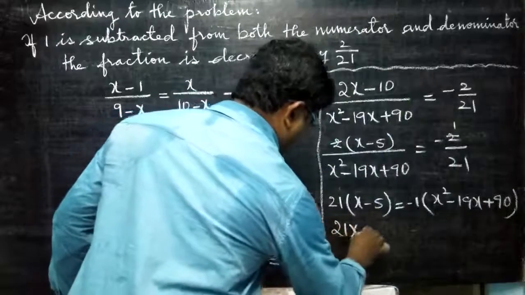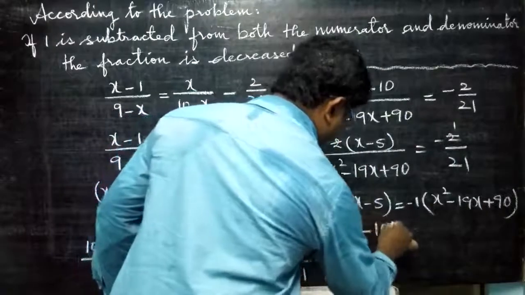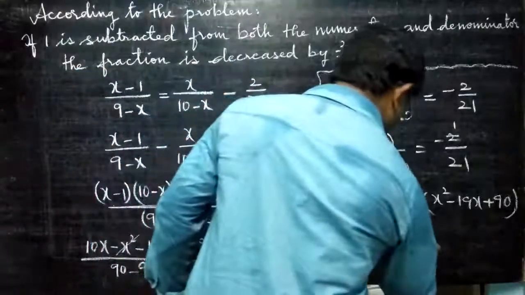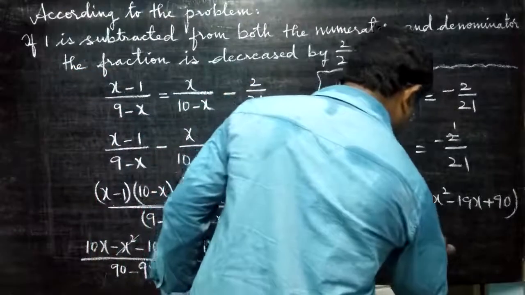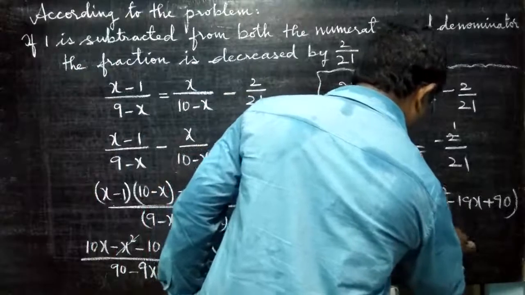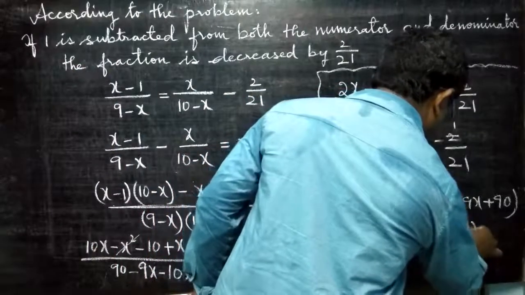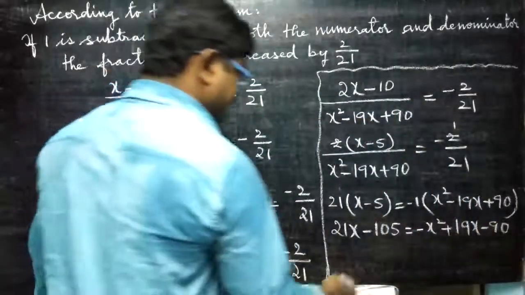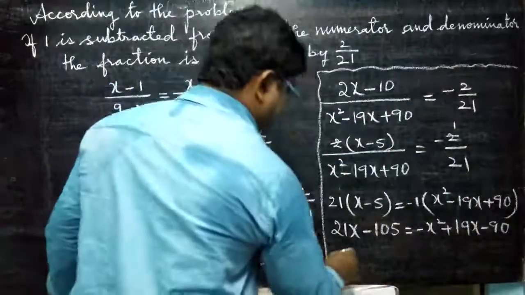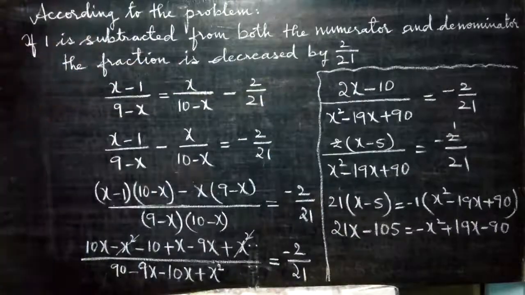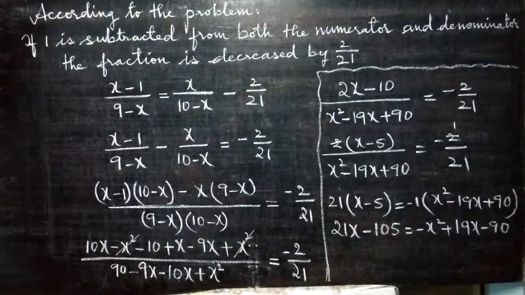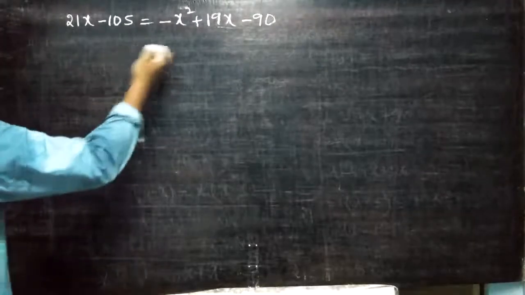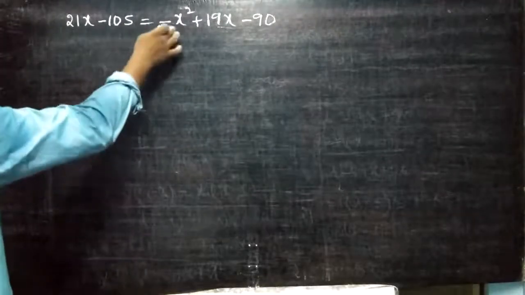21x minus 105. 21 5s are 105. With minus 1 you get minus x square plus 19x minus 90. Now bring everything to the left side and arrange in a quadratic equation shape.